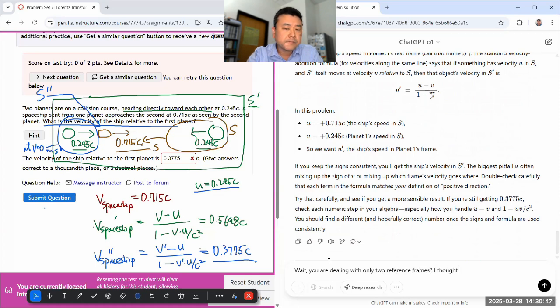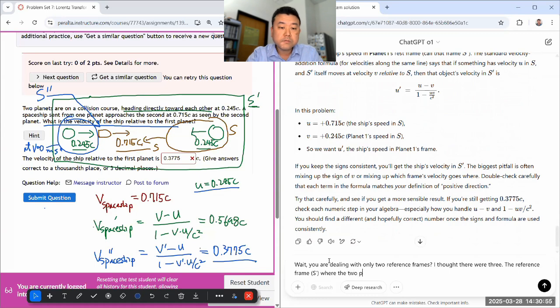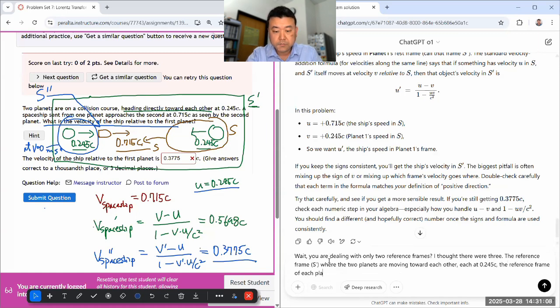I thought there were three. The reference frame S prime where the two planets are moving toward each other, each at 0.245 C. The reference frame of each planet, S for the planet on right, and S double prime for the planet on left.